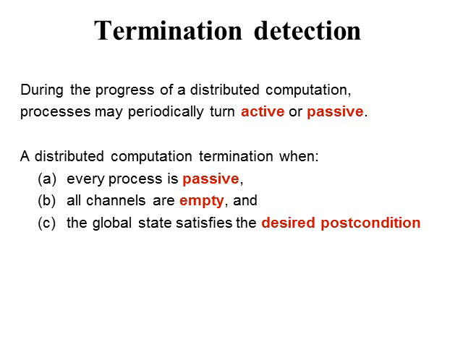This is the main difference between termination and a deadlock. In a deadlock, we're going to be stuck in a cycle and never going to reach a legal final state. It is never going to meet a desired post condition. However, in termination, a global state has to satisfy the desired post condition.